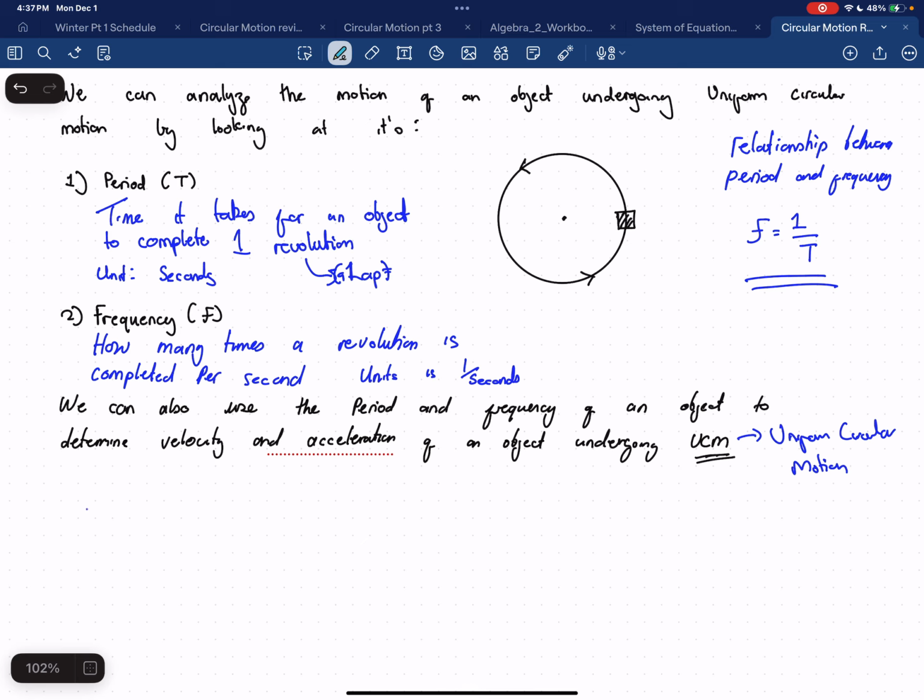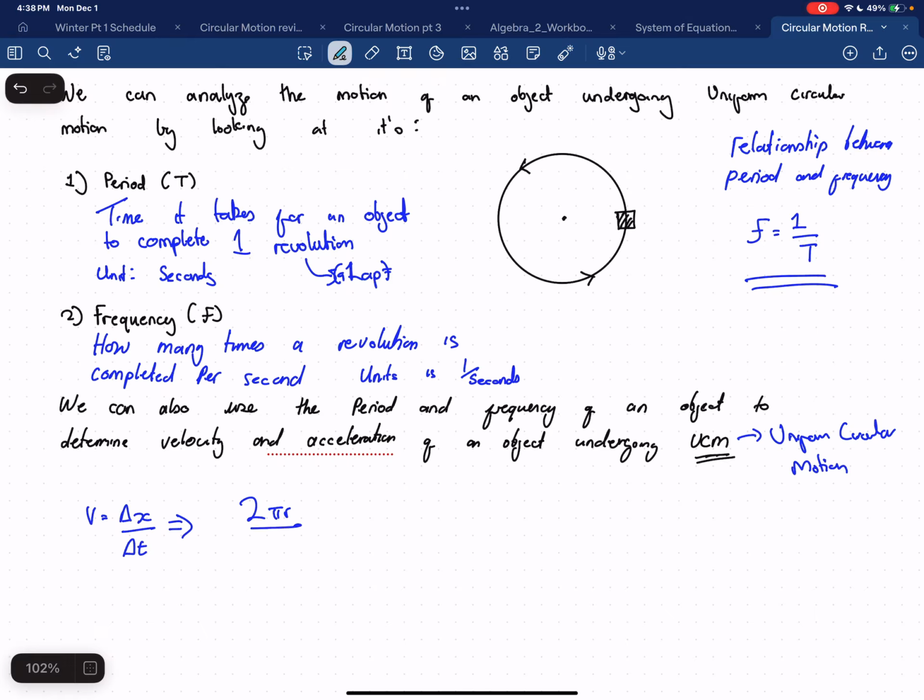Well, we know the formula for velocity is delta x over delta t, right? So what's our delta x in this case of uniform circular motion? If we're going in a full circle, our complete displacement will be quantified by the circumference of that circle, which is 2 pi r.